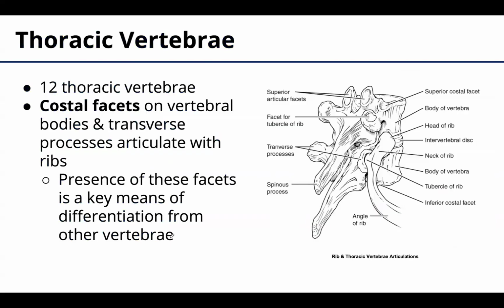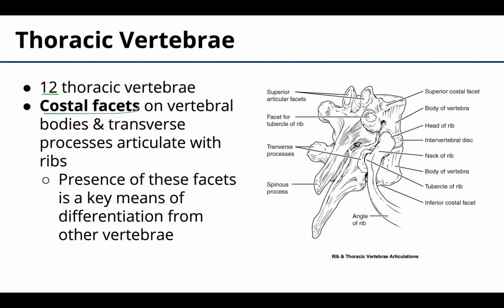Lastly, the most posterior bones of the thoracic cage are the thoracic vertebrae, of which there are 12. That matches up with how many pairs of ribs you have, right? As I mentioned, the ribs attach here, and they do so in two different places. Where the ribs attach on the vertebrae are called costal facets.